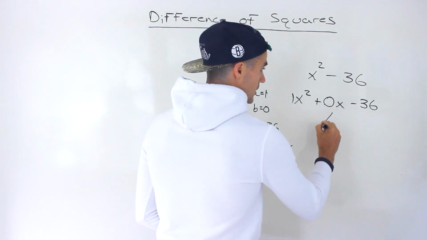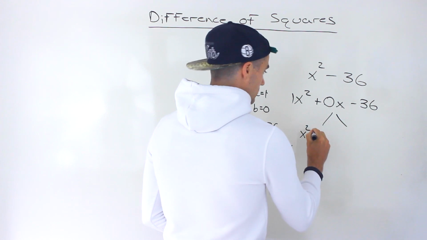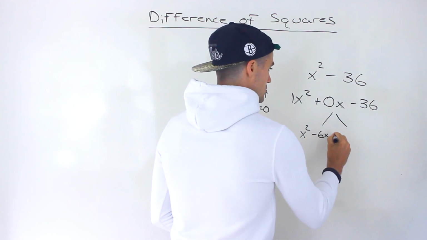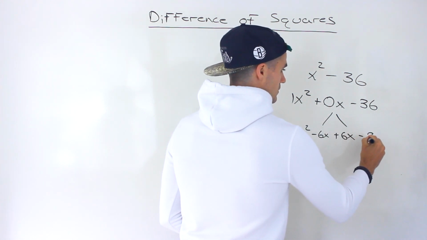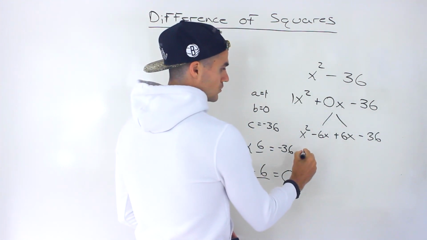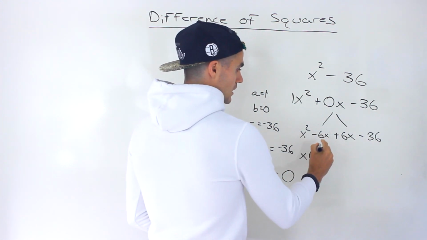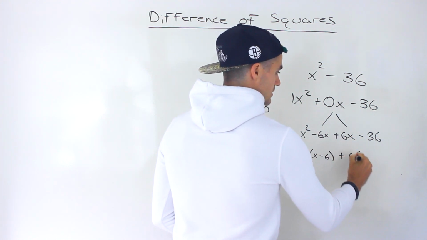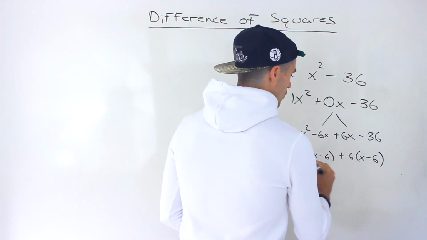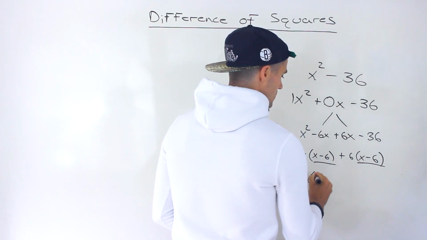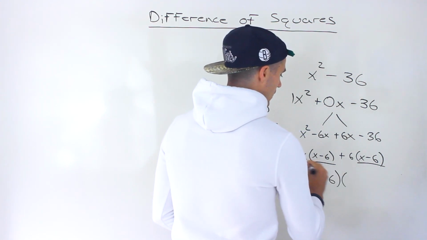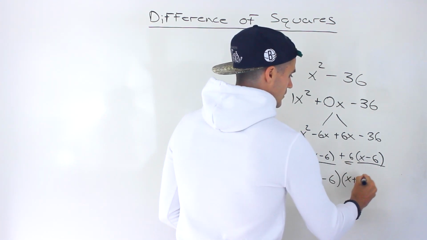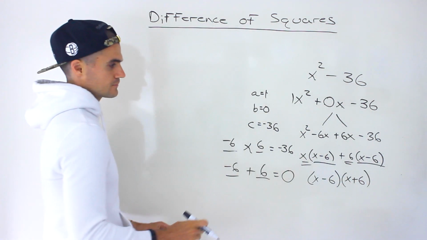So then notice how we could decompose that middle term into those two terms like that. Then we factor by grouping. From these two, we could take out an x. And then from these two, we could take out a 6. As usual, this bracket should be the same. So we take that out, and we're left with an x plus 6 like that.